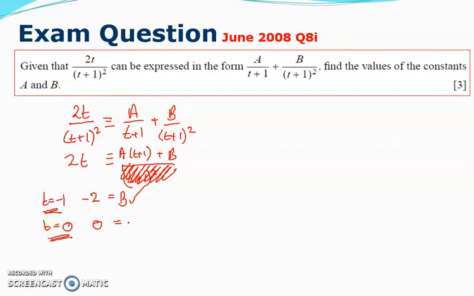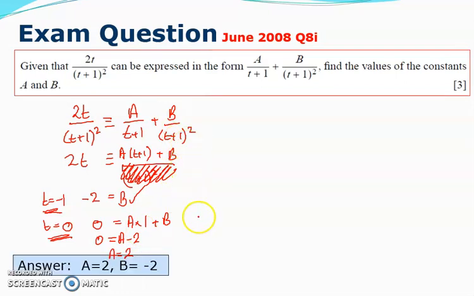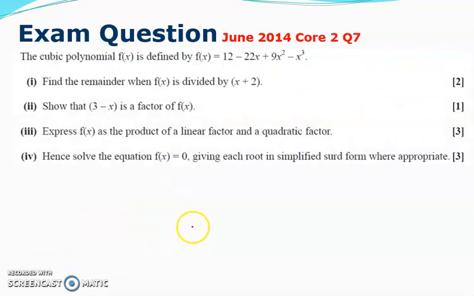Now it gives me A times by 1, so that's just A plus B. Now B, of course, I know is minus 2. So that gives me 0 equals A minus 2, and I reckon A therefore is 2. So my constants now are 2 and minus 2, so that's how I now know where the answer came from for the last question. Third one, right, this looks like a factor theorem question.